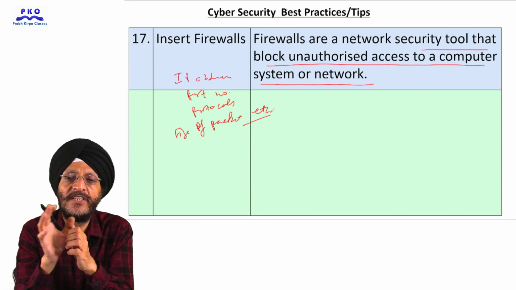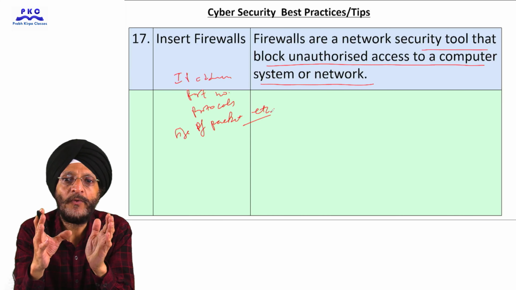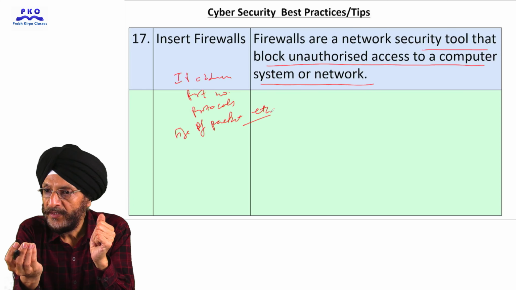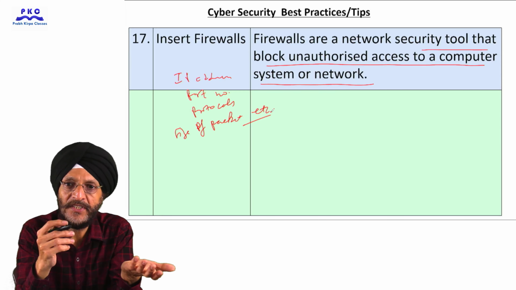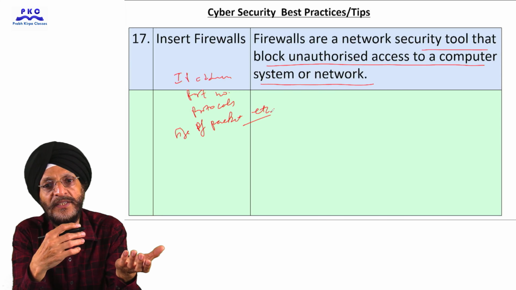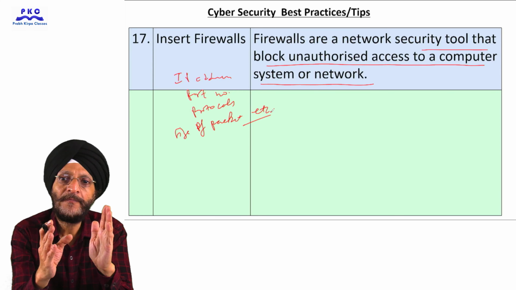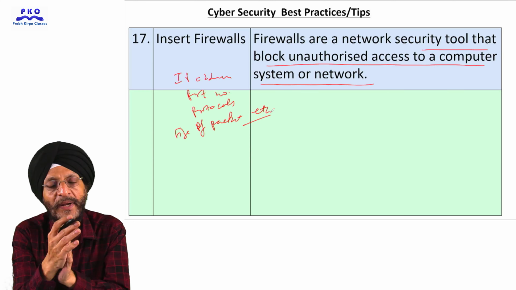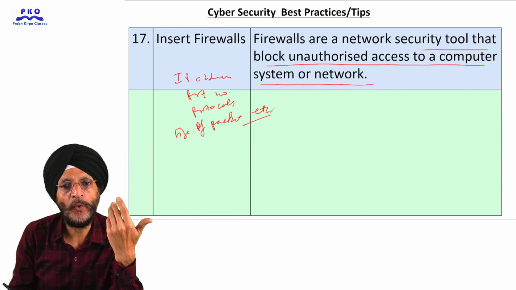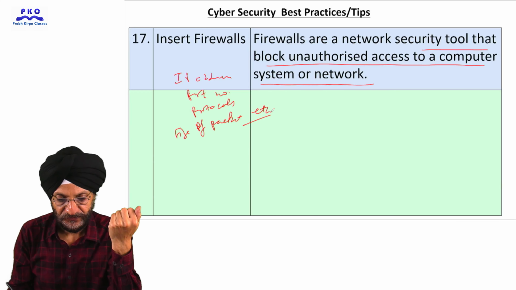You can search online which companies provide the best quality firewalls, what are their features, what is their price, and by making a comparison between the different firewalls provided by the different companies, you can decide at your own level.